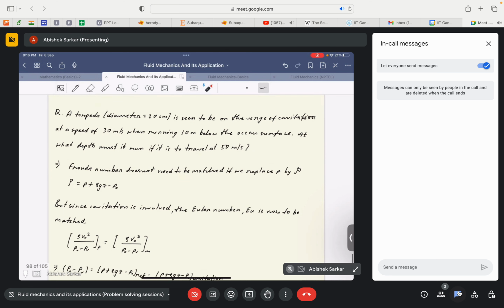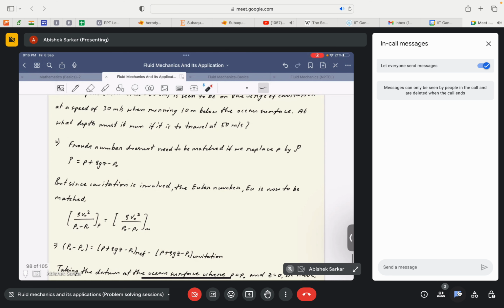Okay. So here Froude number does not need to be matched because we are dealing with piezometric pressure. So instead of dealing with gauge pressure only, we are dealing with piezometric pressure. That's what this representation ideally means.